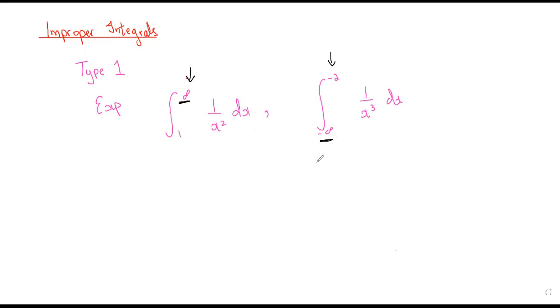We'll see how to calculate it, but for now you need to understand the distinction between a proper integral and an improper integral. If one of the limits has infinity in it, that would be an improper integral. So this is type 1. We'll talk about type 2 once we are done with type 1.